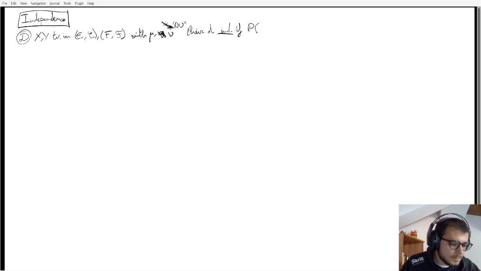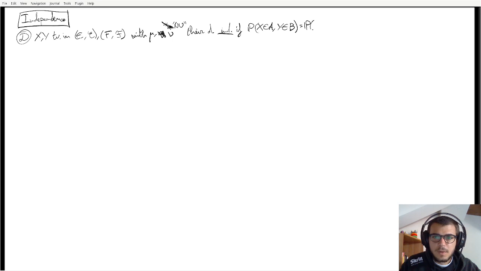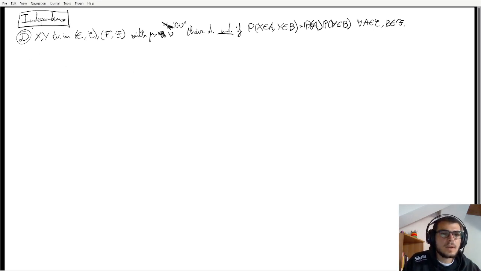If I remember well, it should be something like this: the probability that X belongs to A and Y belongs to B corresponds to the probability of A times the probability of B, for any A in script E and B in script F, then we say they are independent. Now, this was the case for n equal to 2.